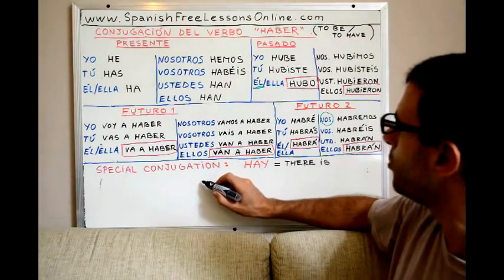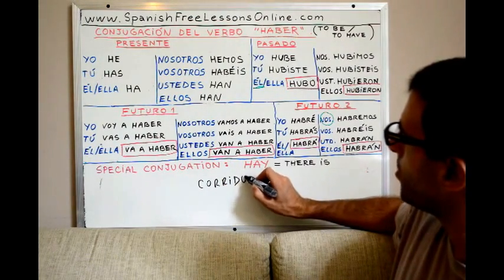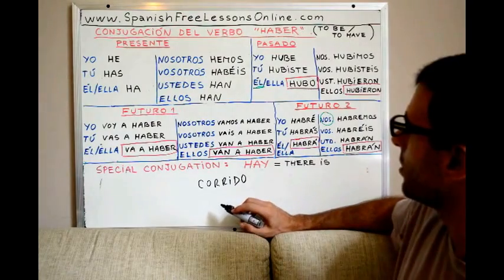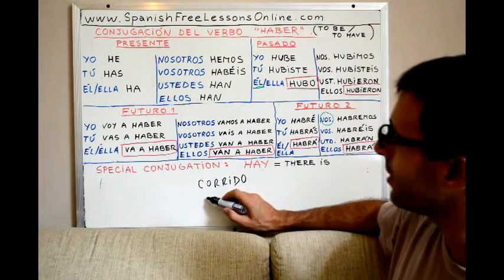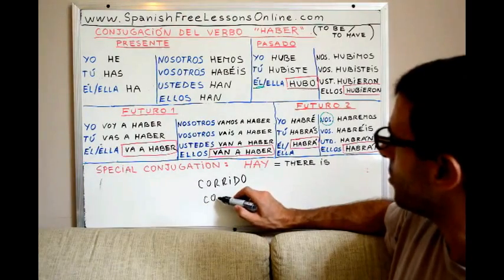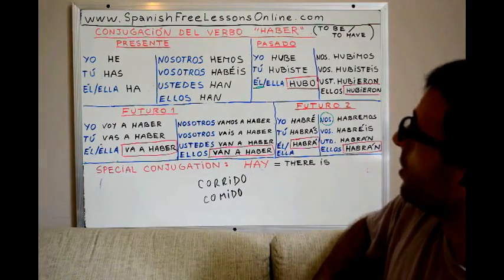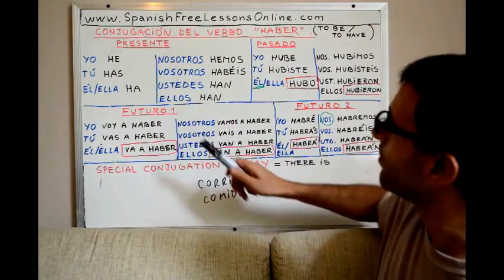So if we want to conjugate into present perfect, we would take whatever verb we want to conjugate. If it is run, the past participle of verb correr, to run, is corrido, right? The past participle of the verb comer, to eat, is comido, right? So we would say yo he corrido means I have run.